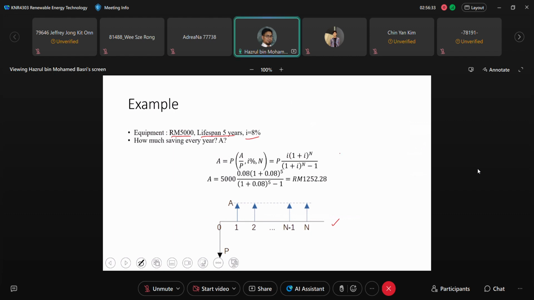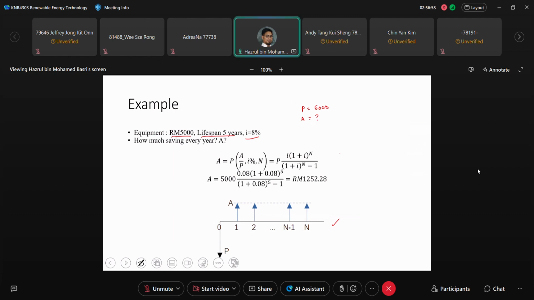We have the P, the present value, 5,000 ringgit. We want to find out what is the annuity, what is the minimum profit that you need to make in order to make this machine profitable over 5 years. A, we don't know.